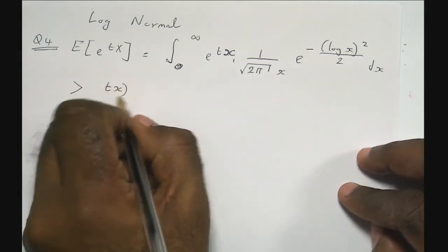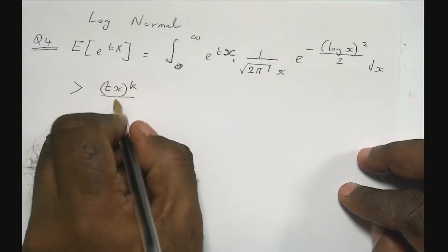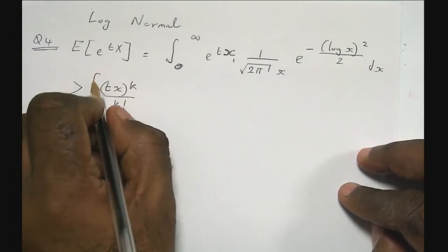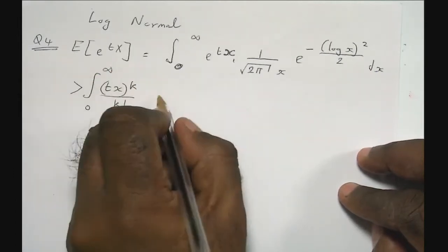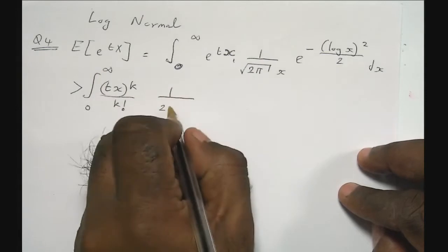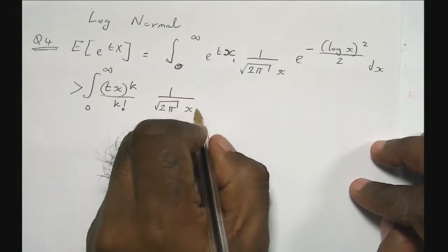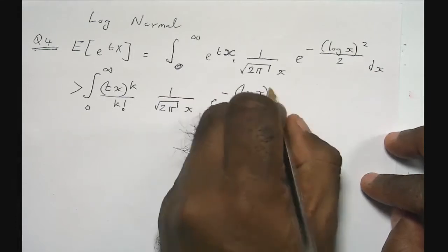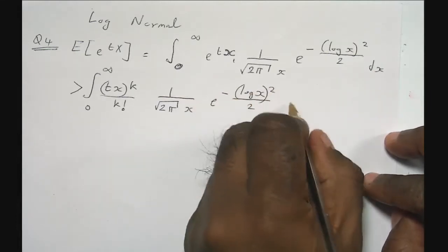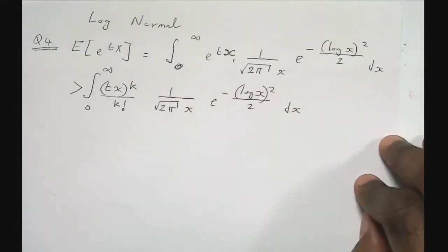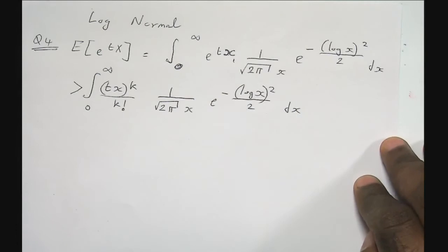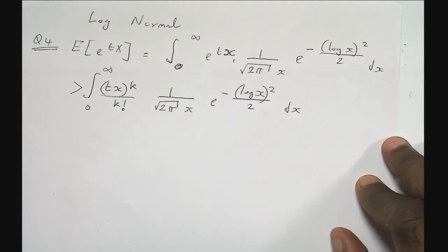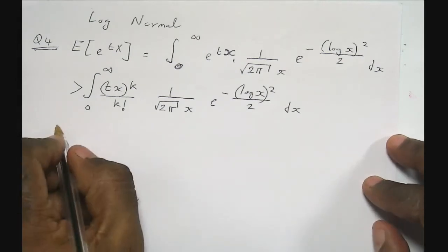I'm going to leave k as k, right? I'm not going to choose a specific value for k. I just want to leave k as k, right?